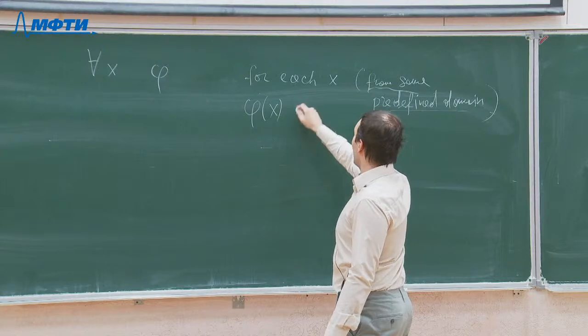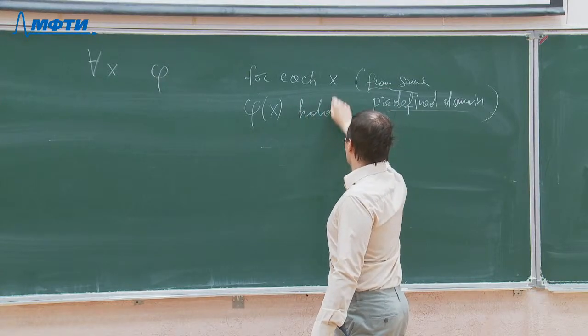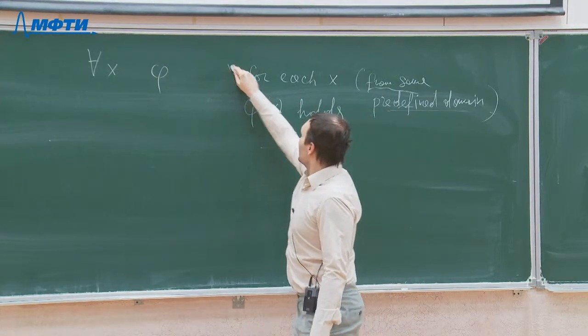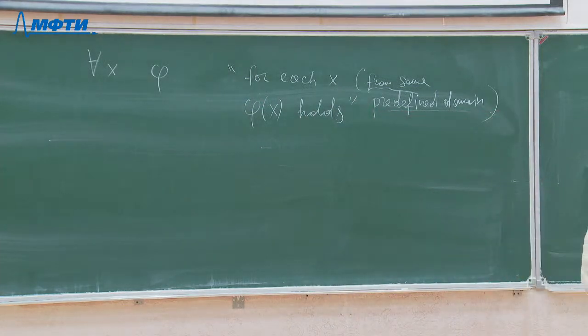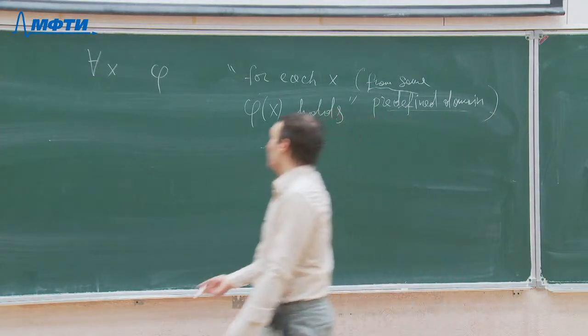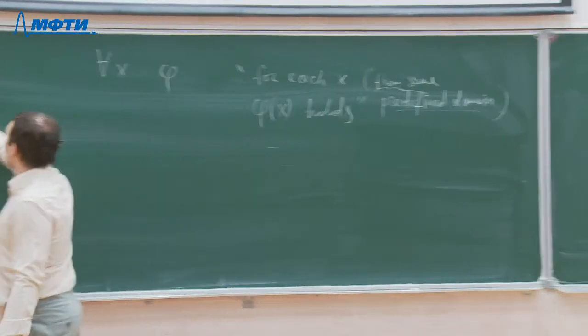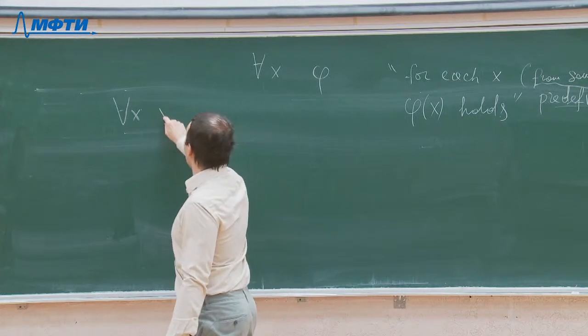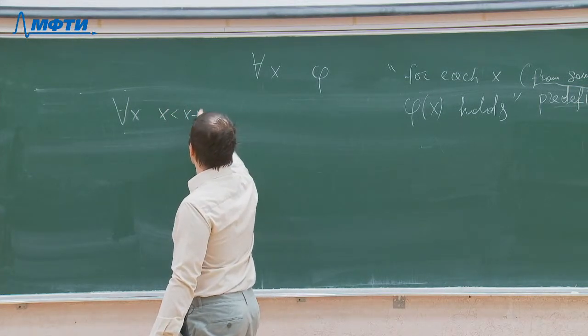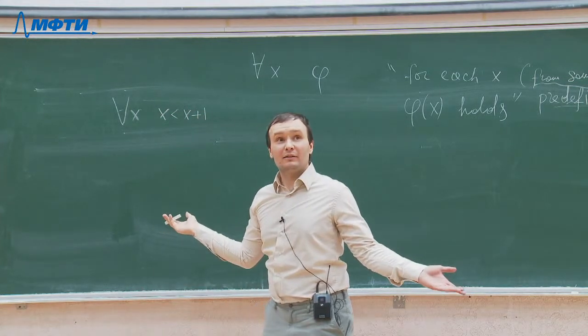So phi of x holds. So this is our intuitively understandable meaning of the universal quantification. For each x, phi of x holds. For example, for natural numbers, we have something like that. For each x, x is, say, less than x plus 1.